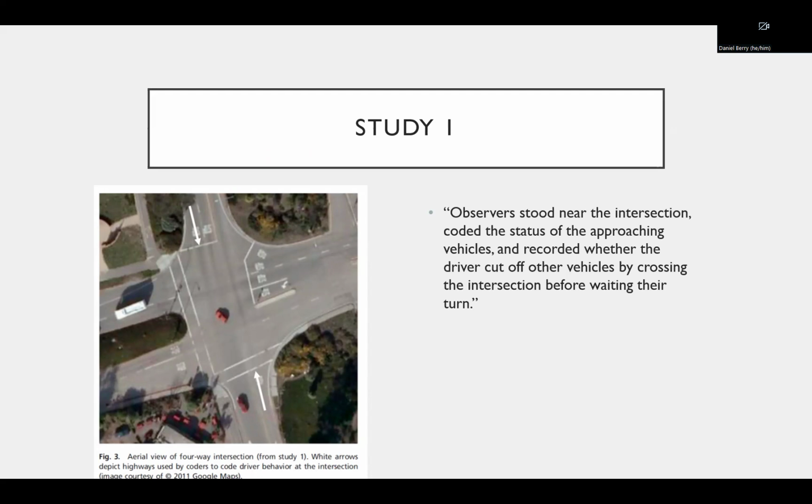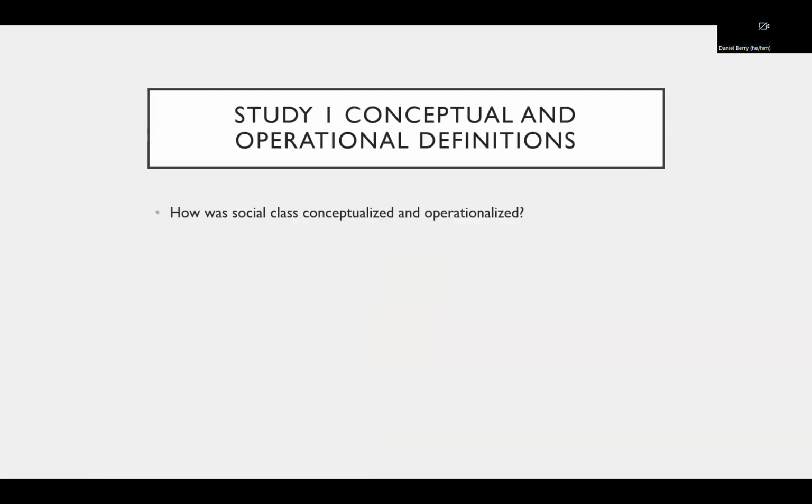I don't think people would really know what to do. So here they're coding ethical behavior. They're saying unethical behavior is cutting somebody off, not following the rules of the road. Hey, that's illegal.